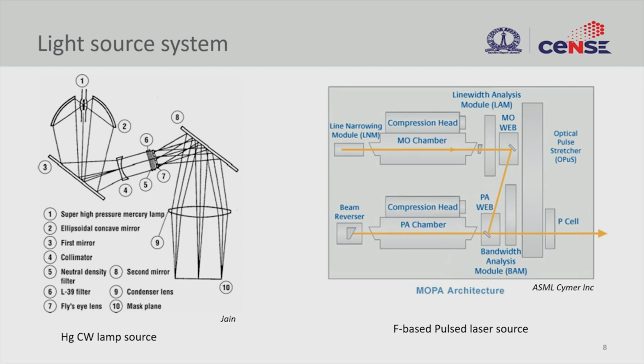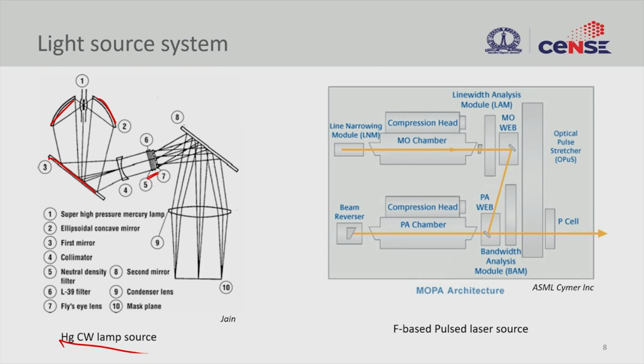So this is a mercury lamp. You have a lamp source and then you have a mirror, as in any illuminating system, and the mirror projects the light to a filter. So this is the filter that you see here, and this filter will choose whatever wavelength we are interested in.